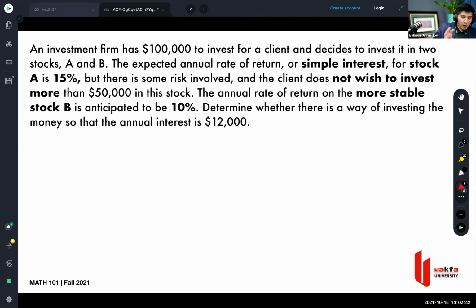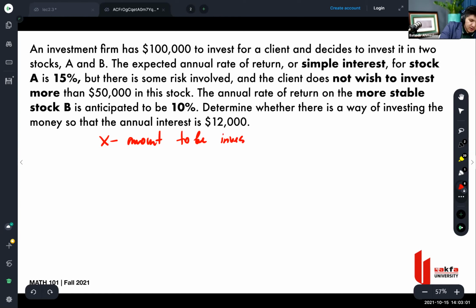Okay. So in order to solve this problem, we need to create an equation which describes this whole process of investing money into these two stocks. So let's assume that X is the amount of money to be invested in stock A. And at the same time, what is going to be the amount to be invested in stock B?